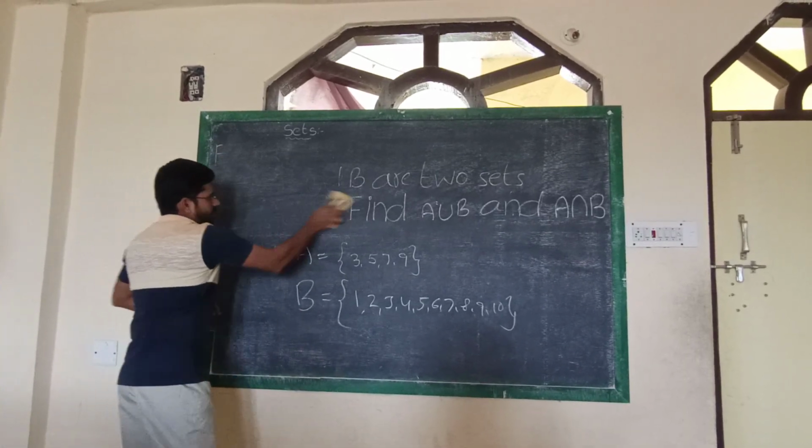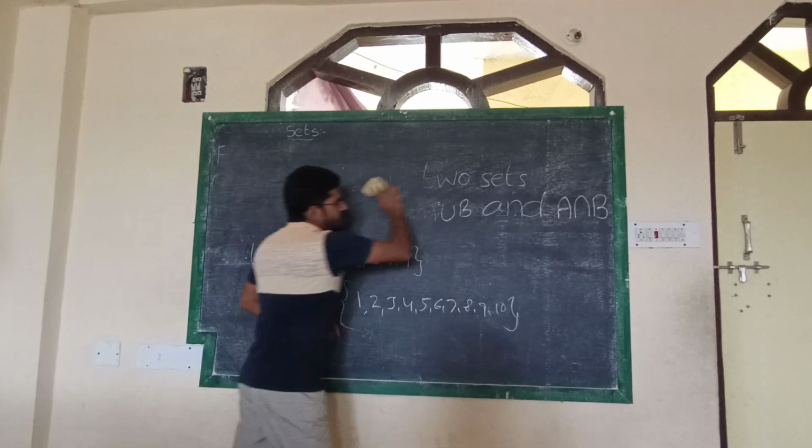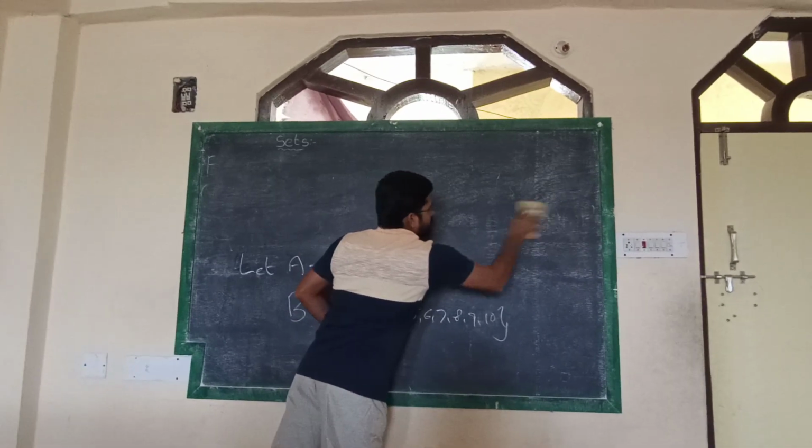A union B. In the previous class we learned the union of sets.